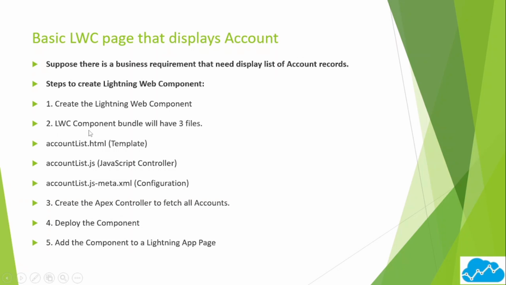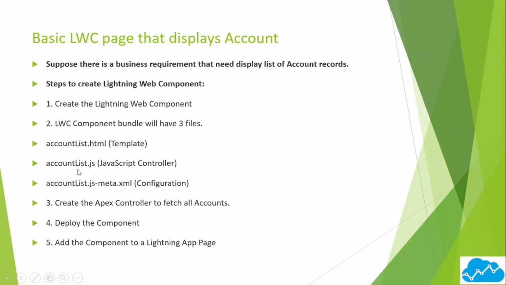Then the LWC component bundle will have three files, that is our component name dot html, which is the extension for the HTML template file. Then the component name, as we had taken accountList, so it is going to be accountList for these three files.